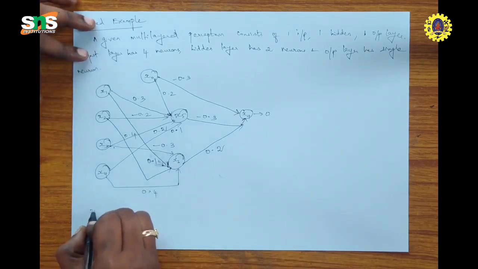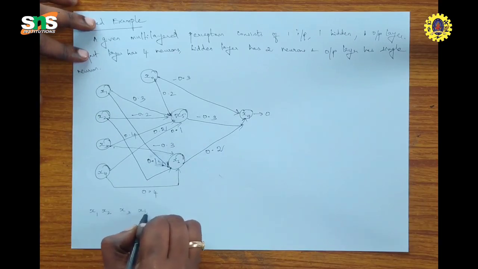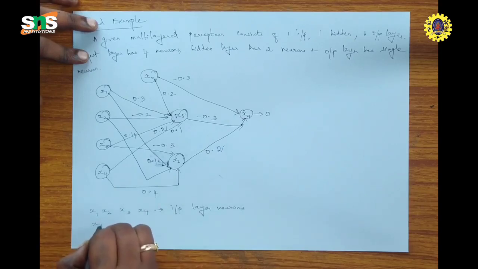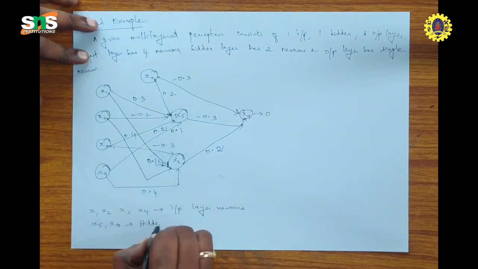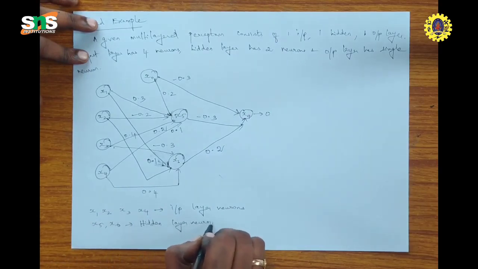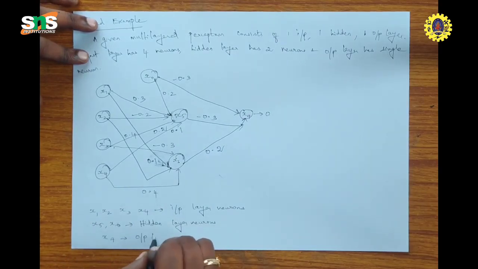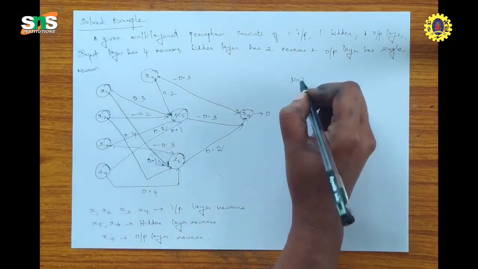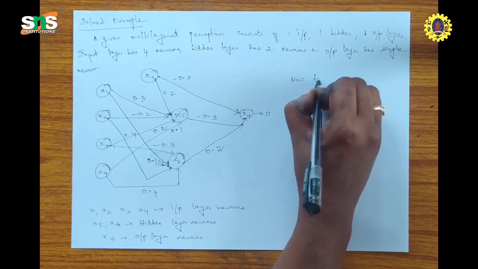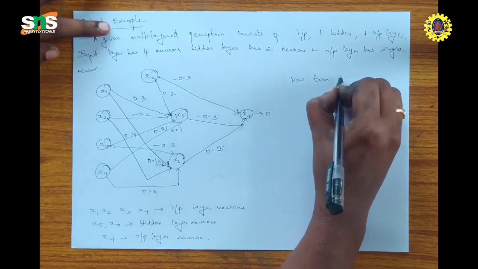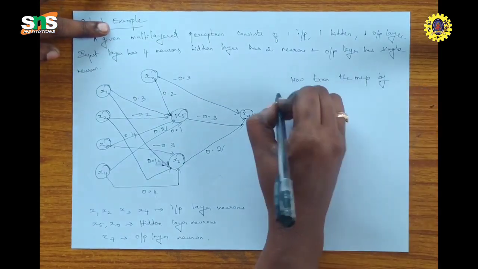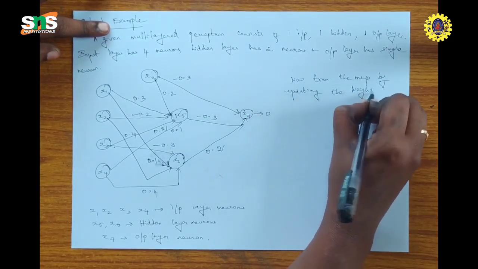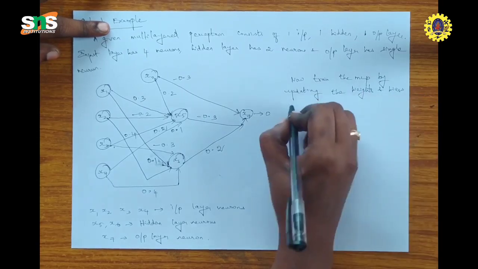Based on this input, we can consider x1, x2, x3, x4 as the input layer neurons, x5 and x6 as the hidden layer neurons, and x7 as the output layer neuron. Now we need to train the MLP by updating the weights and the biases in the network.